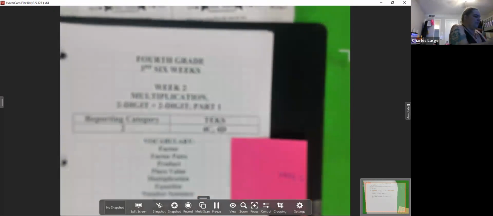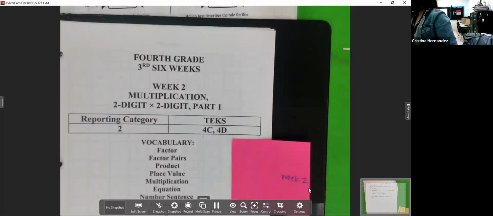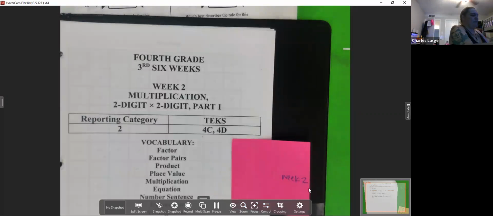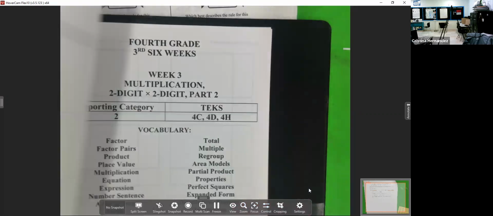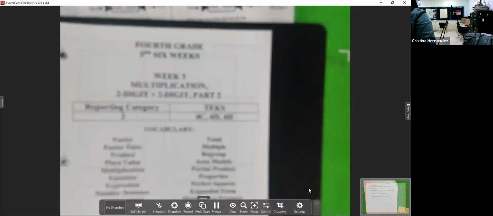Week 1, week 2. In my own personal one, I do have it broken up with dividers, and then I think it has week 3, division or multiplication again. You put week 3.